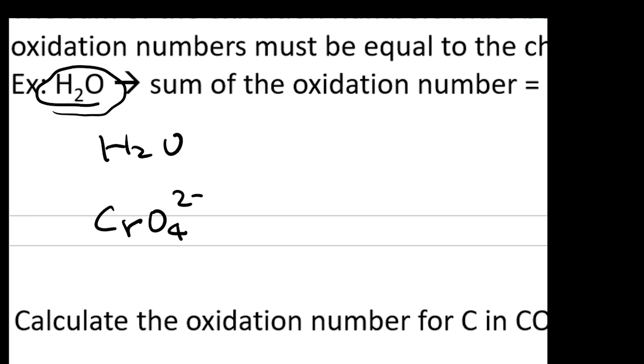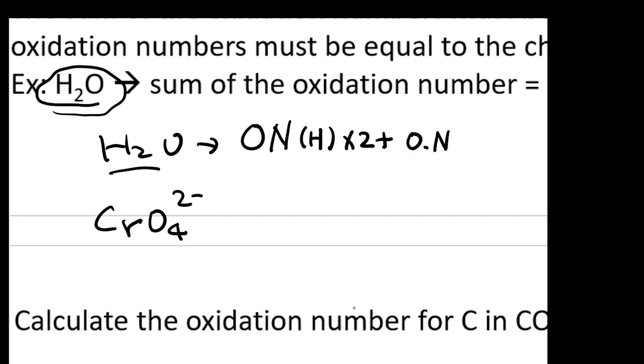The very important concept is that if it is neutral, the oxidation number sum of every atom needs to equal 0. That means the oxidation number of your H multiplied by 2, plus the oxidation number of your O, should equal 0 for your H2O.